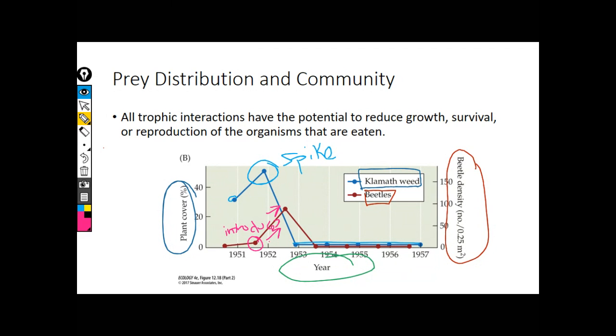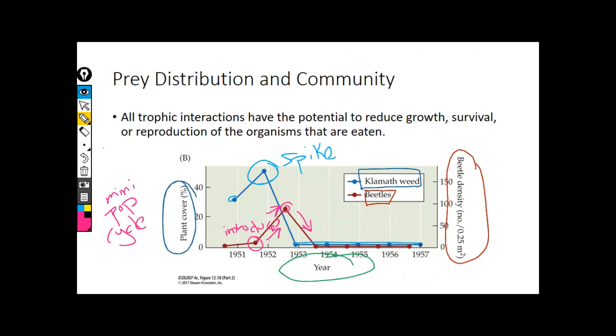All right, so now we see our beetles hit a peak and then hit a decline. Why are our beetles declining now? Our food resources are declining, right? So we actually see almost a small snapshot of some population cycle in here, as our beetles respond to the pathway of our weed.